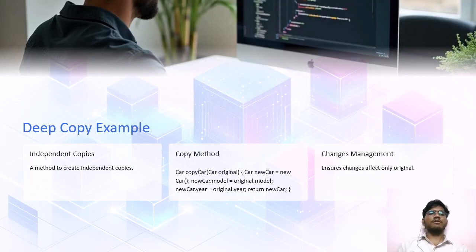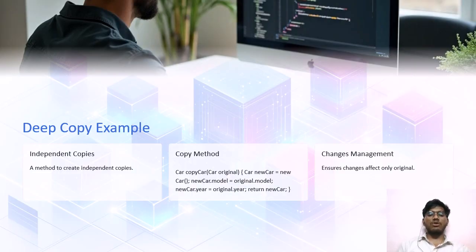Deep copy example. The deep copy is a method to create independent copies. For example, here the copy method: Car copyCar, the car original, and Car newCar equal to new Car, as we saw in this example before.